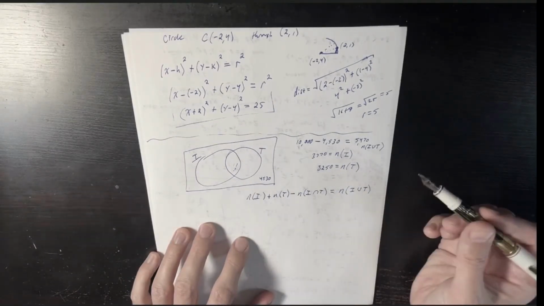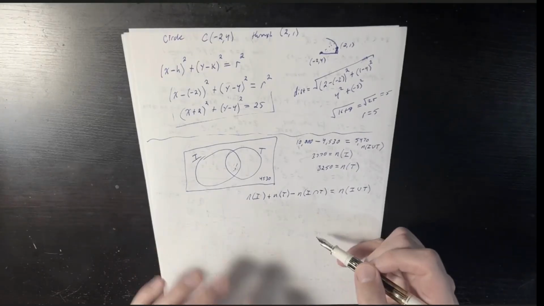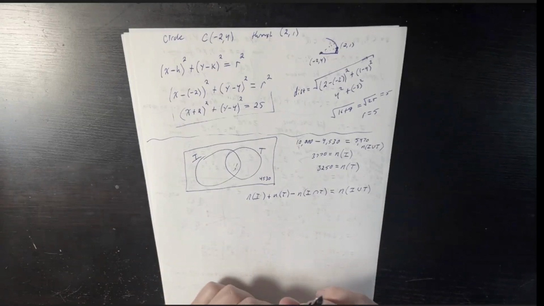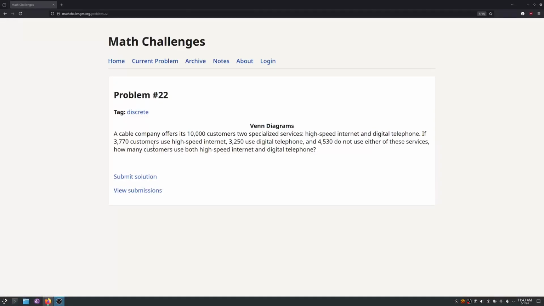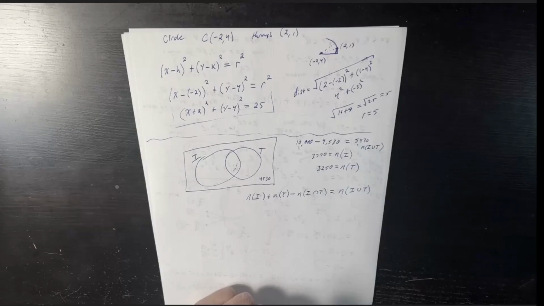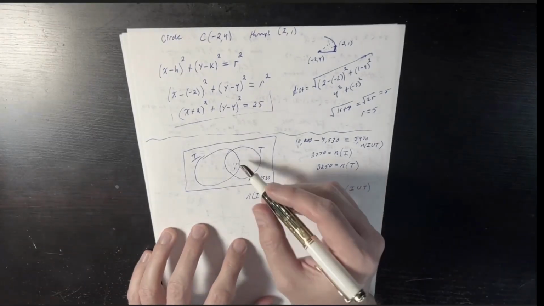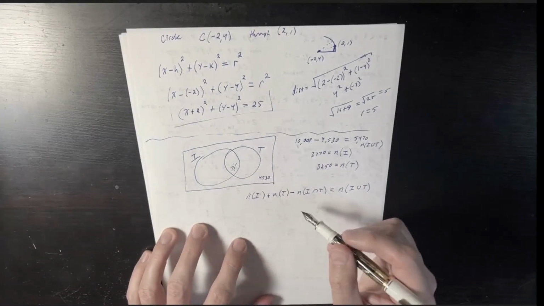So we have all these numbers except for this intersection. Actually, I think that was the whole question. How many use both? Sometimes you would be asked to fill in this entire Venn diagram, but we want to find this intersection.